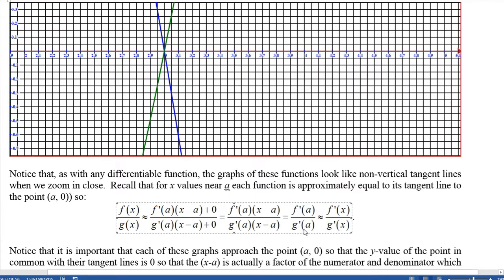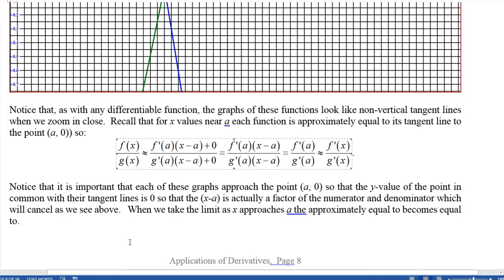But again, if x is near A, then f prime of x is near f prime of A, and g prime of x is near g prime of A. So f of x over g of x is close to f prime of x over g prime of x. Okay? Under these conditions. What were the conditions? That they both have a limit as x approaches A, and so we could look at this point A, comma 0 there on the tangent line.